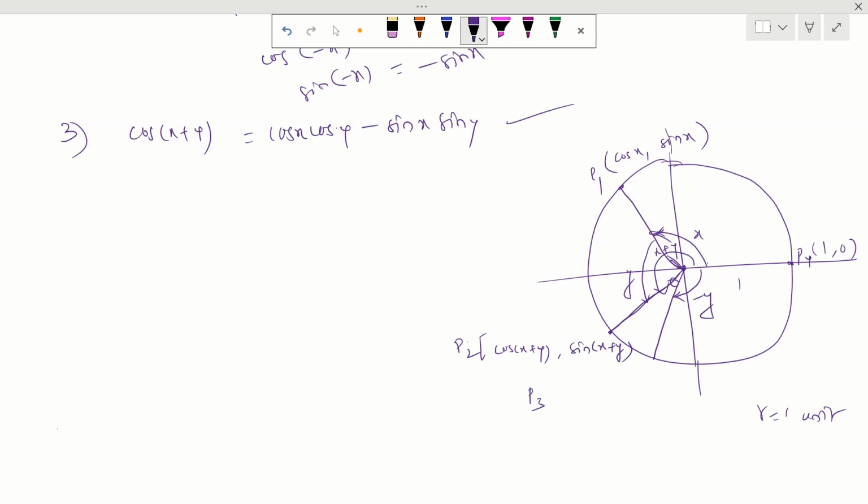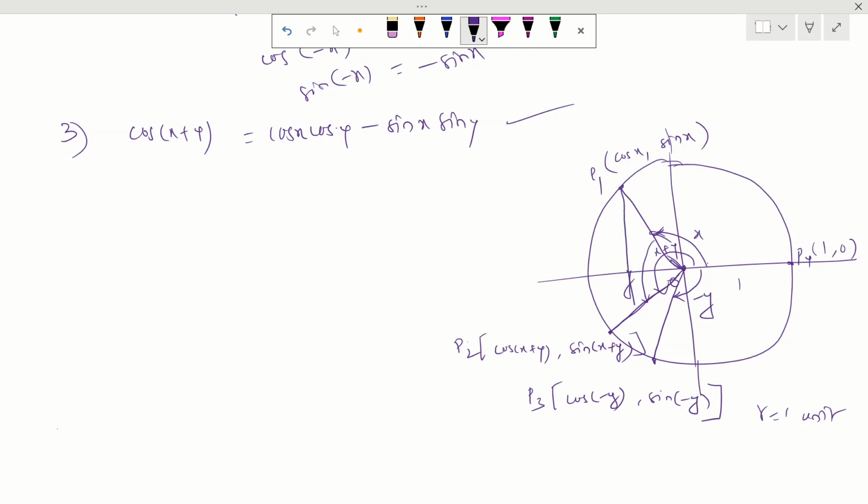Now the coordinates of the third point, P3, are cos of minus y and sin of minus y.